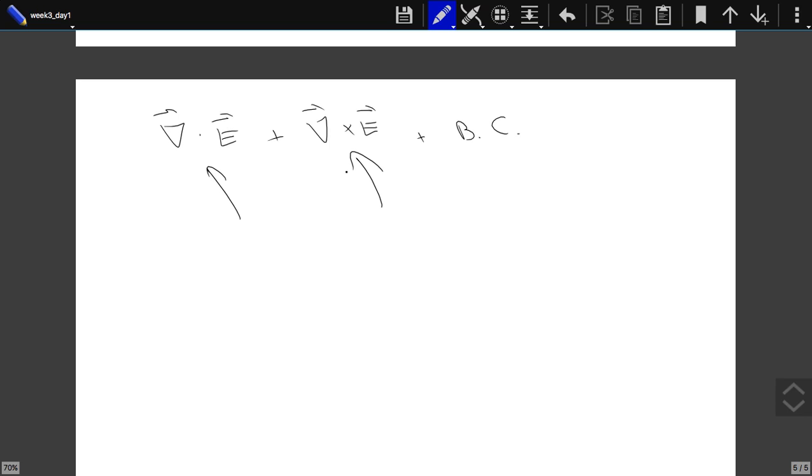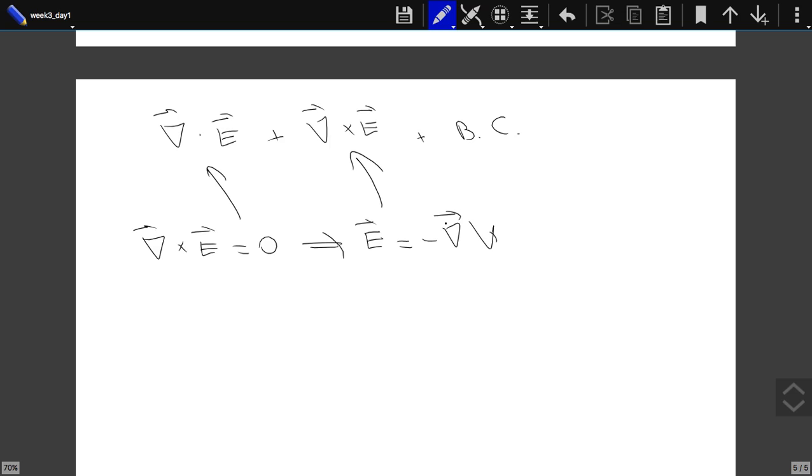Now the definition of the potential in fact solves one of these equations. Since we know that the curl of the electric field is 0, the solution of this equation is the gradient of some scalar function. You just give me some scalar function, any function you like. I take the gradient, and that vector field has curl 0.